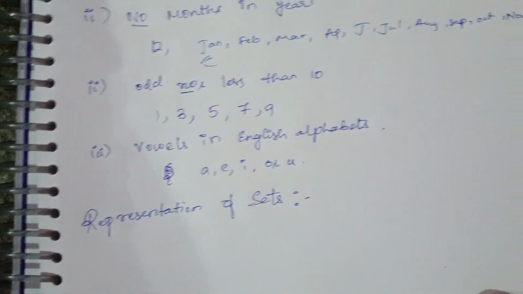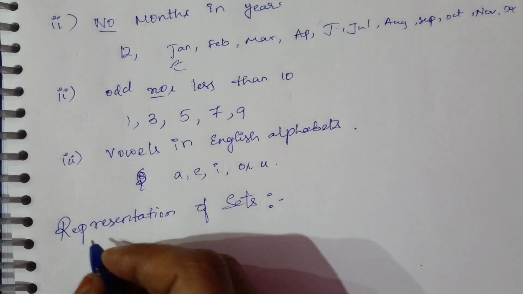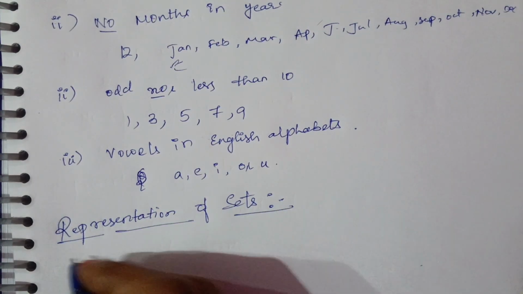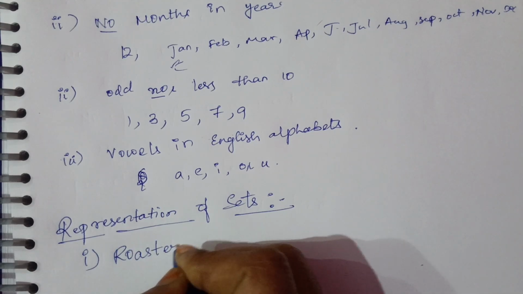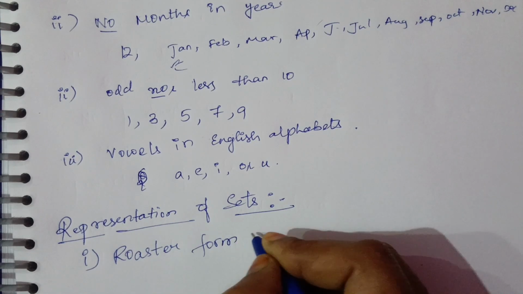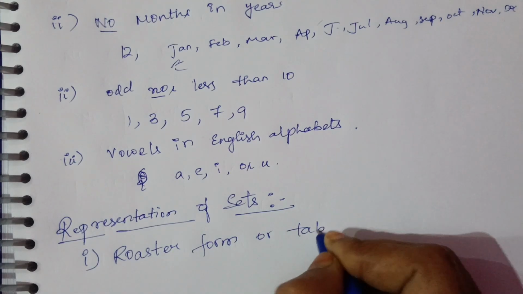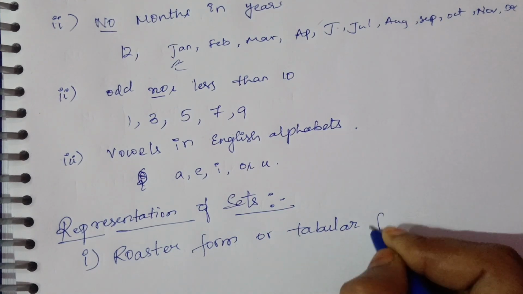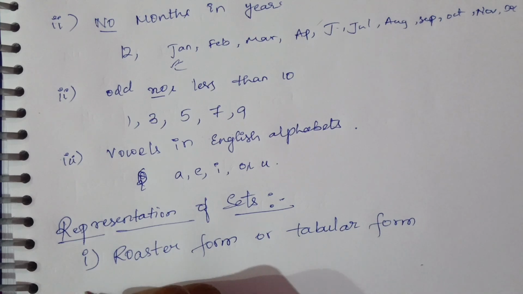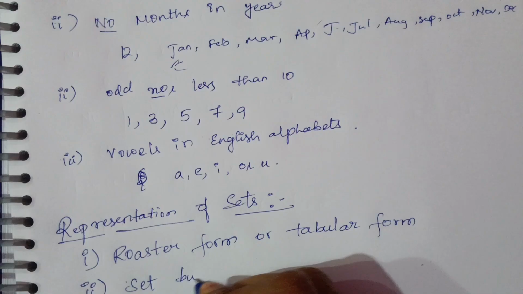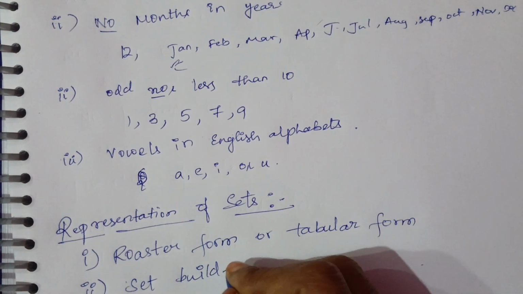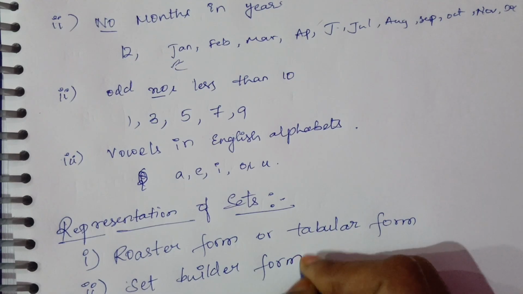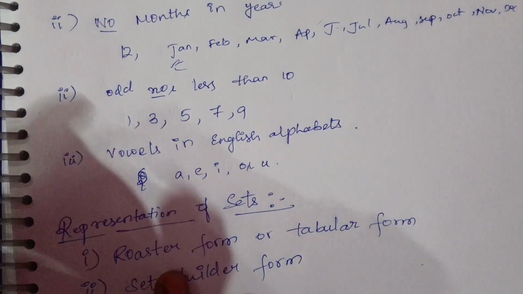One is roster form, which we also call tabular form. And one more is set builder form.